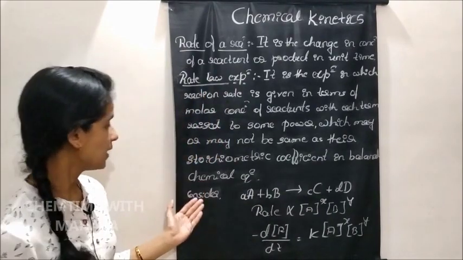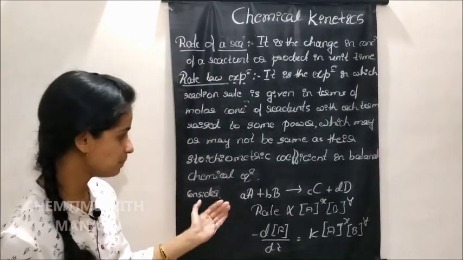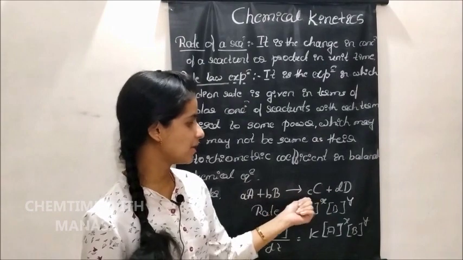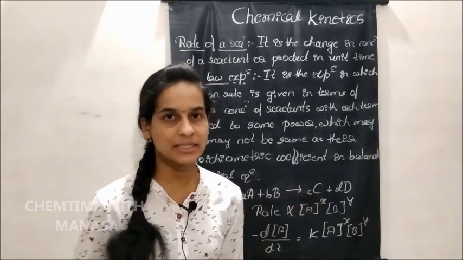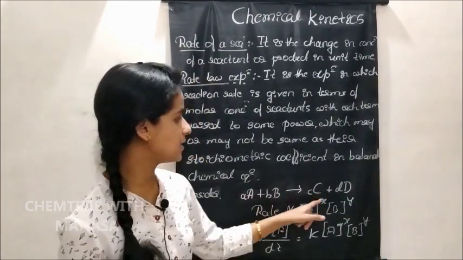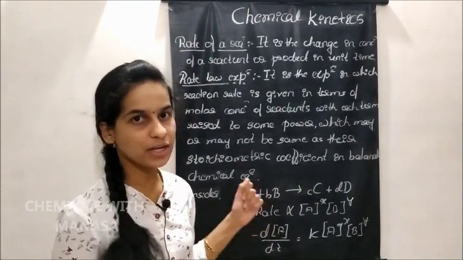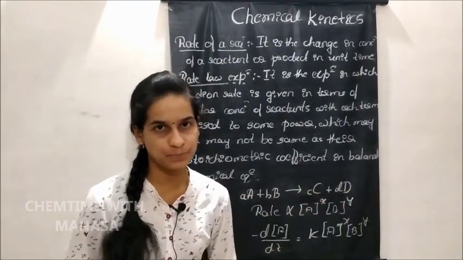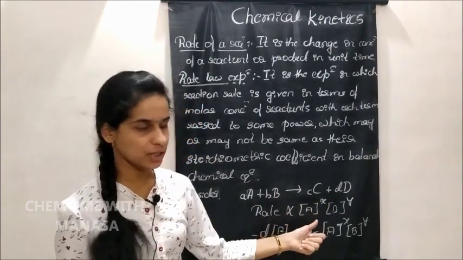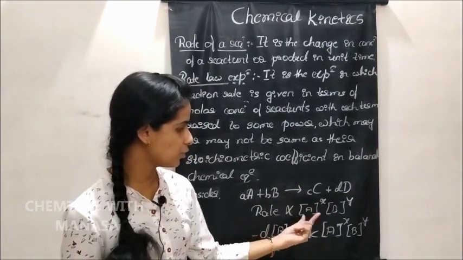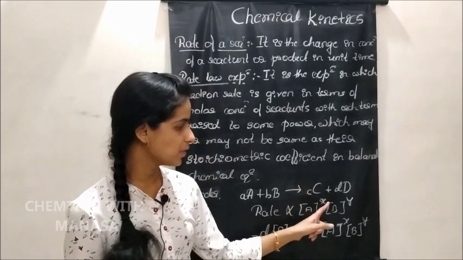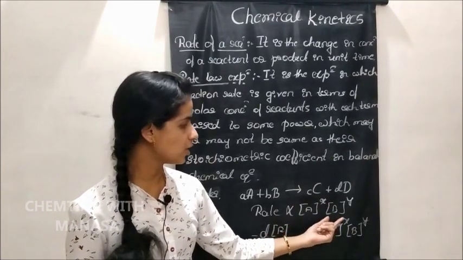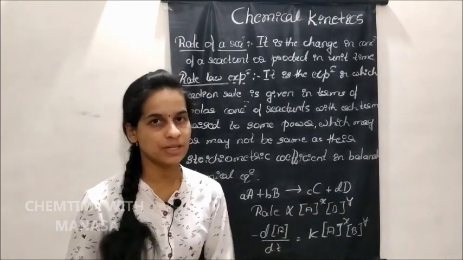For example, consider a general reaction aA + bB gives cC + dD, where small a, b, c, d are stoichiometric coefficients of the constituents A, B, C, D. Here, rate equation is rate is proportional to concentration of A to the power x into concentration of B to the power y.